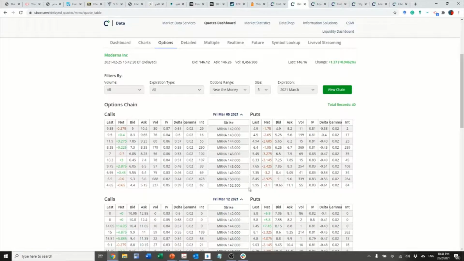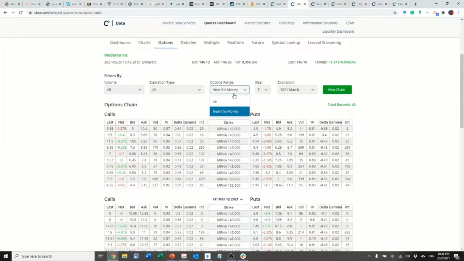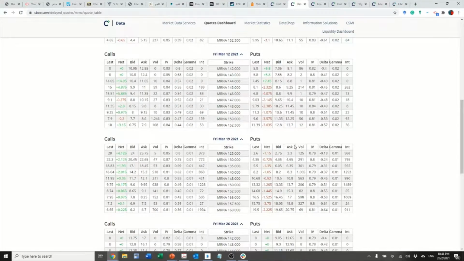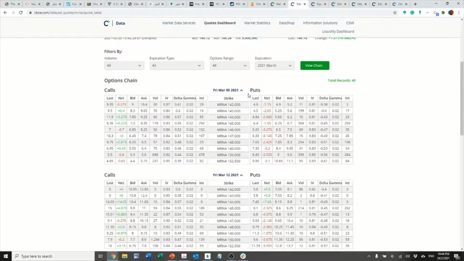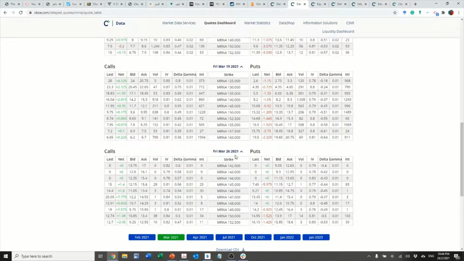So if we look at the options available in March, let's see all options. Now depending on when the options expire, because some options are available with expiration dates on a weekly basis, and these are called weeklies.